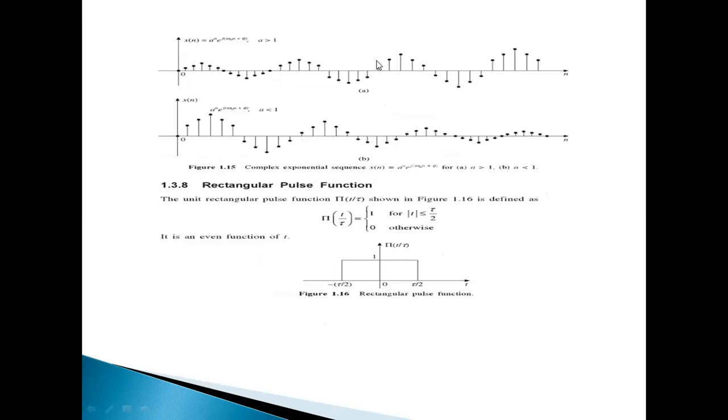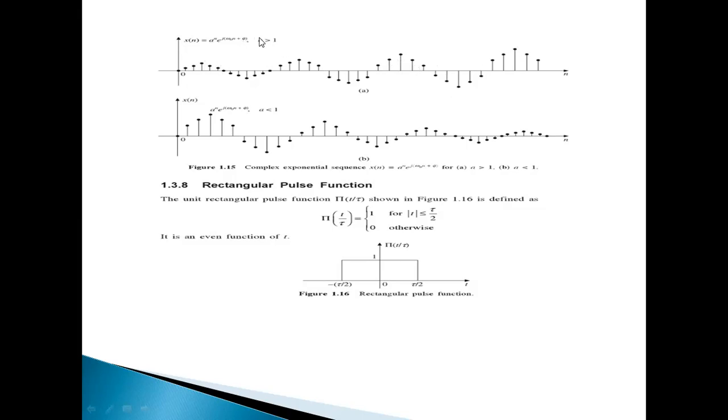This is a sinusoidal function for a, and x of n, with a greater than 1 and a less than 1. Slowly it increases. See here, the amplitude is very small, and here, compared to this, it increases, and compared to this one it increases, and for these two amplitudes you can see it grows.